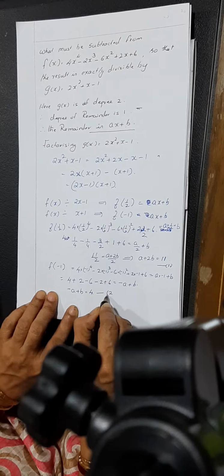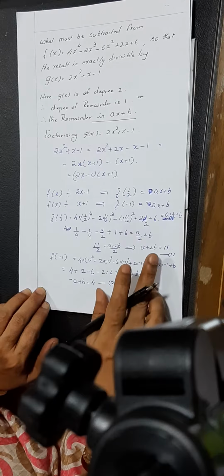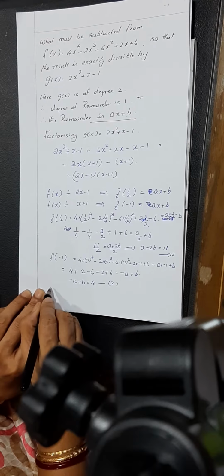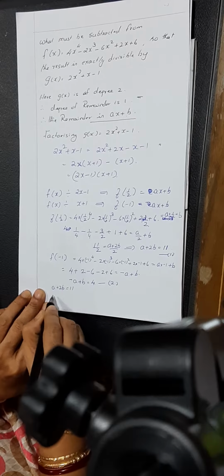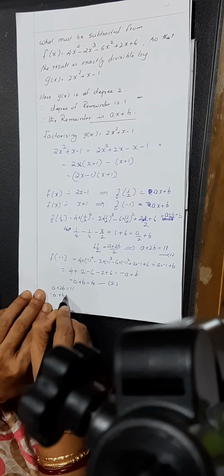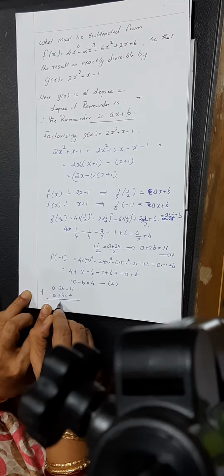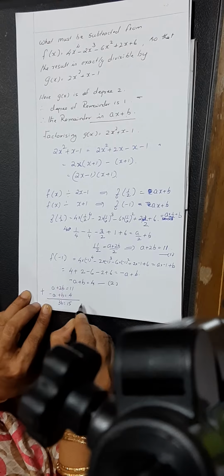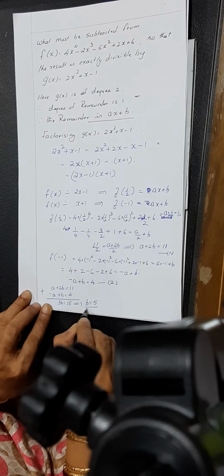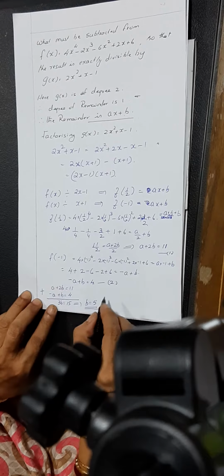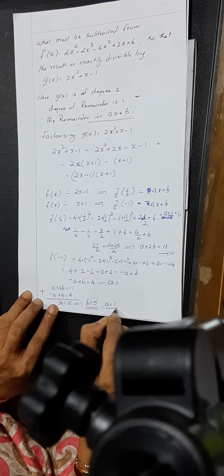This is equation 2. Now, solving these two equations for a and b: a plus 2b is equal to 11 and minus a plus b equal to 4. You can add these, so you get 3b is equal to 15. So, b is equal to 15 by 3, which is 5. Substitute in any of the equations, and from this you will get a is equal to 1.